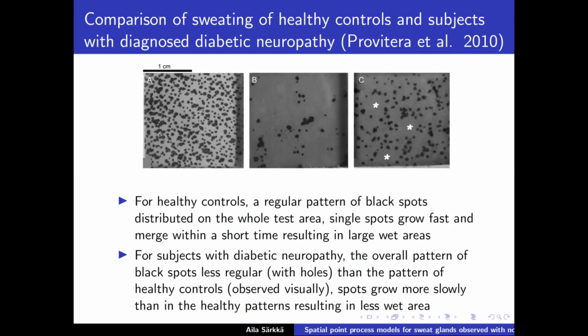When they saw these holes, they were thinking that the spatial pattern in the healthy and in the neuropathy cases are not the same. That's why they said that maybe one should do some spatial analysis. And this is how we came along.